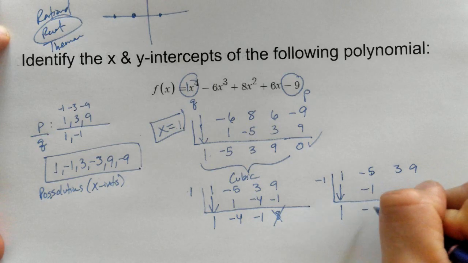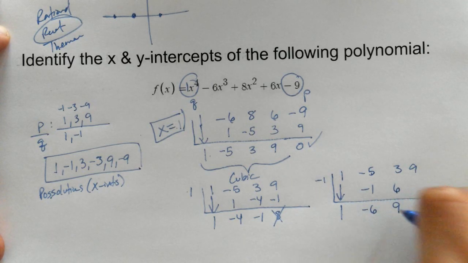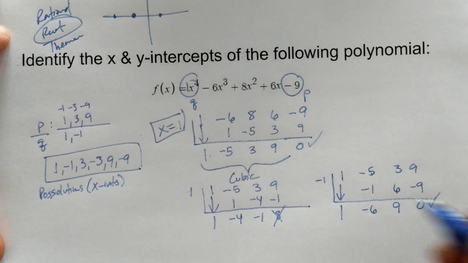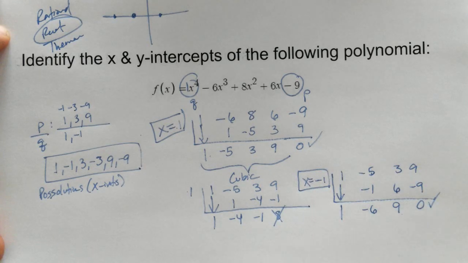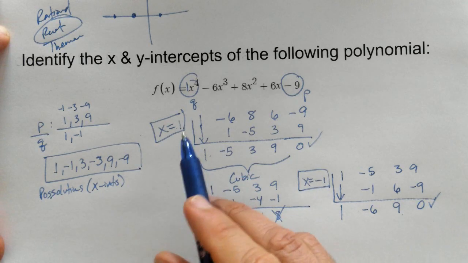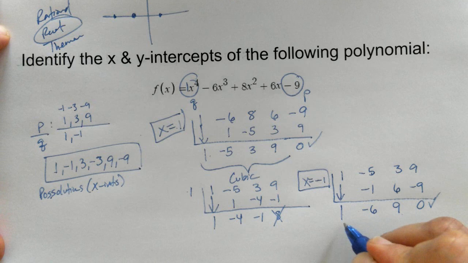As I add these, I get -6. Negative times a negative is a positive. When I add them, I get 9. -1 times 9 is -9, and when I add those, I get 0. I found my second solution. So far, I have 2 solutions, 1 and -1, which means I'm left with a quadratic.